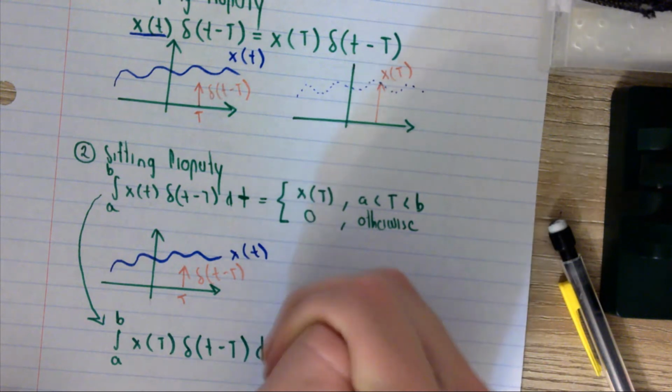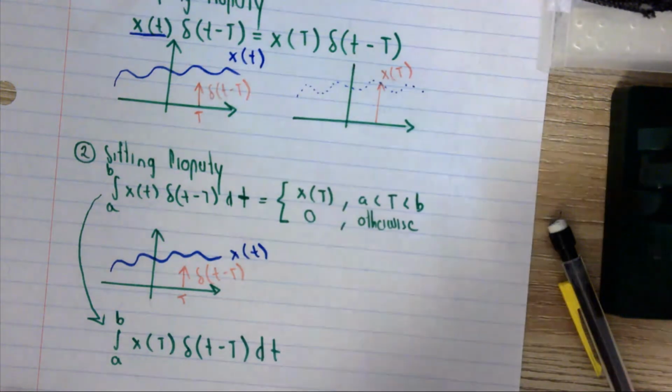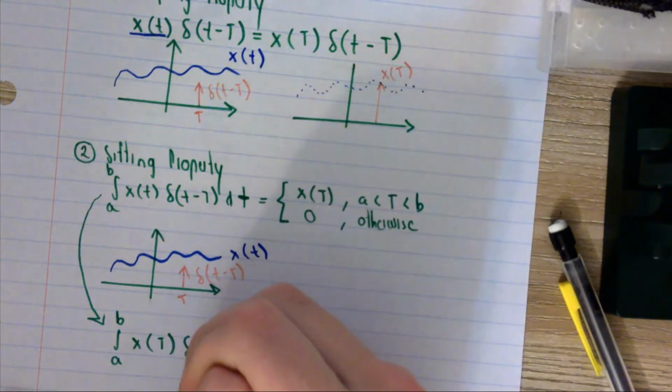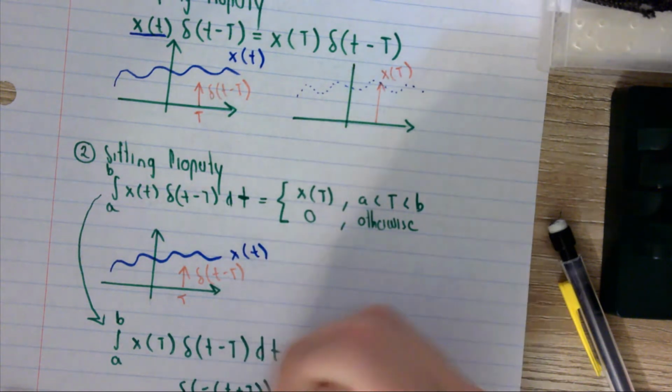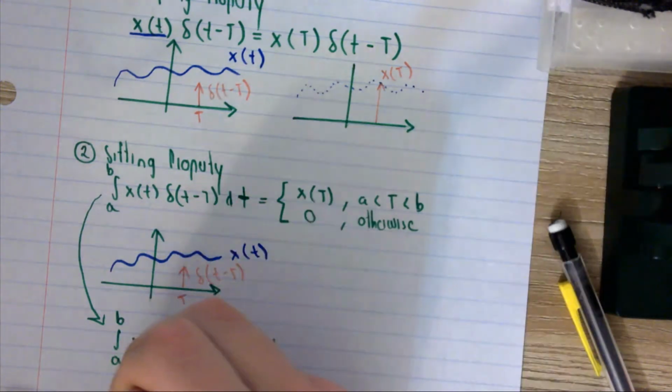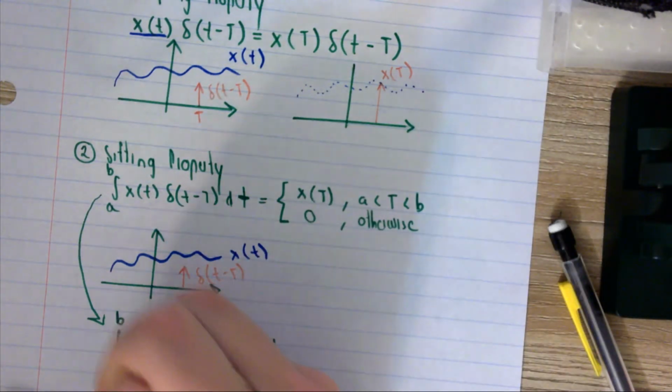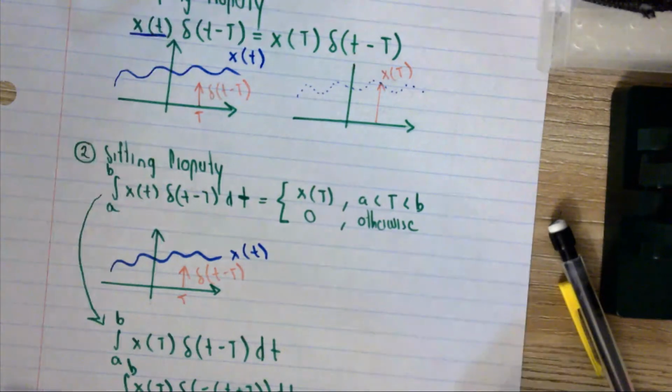Then what we're going to do is take out a negative in the delta, so it's t plus large T dt, right? And then remember, delta is an even function.